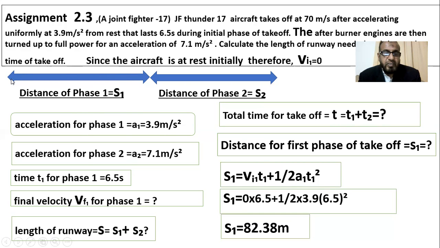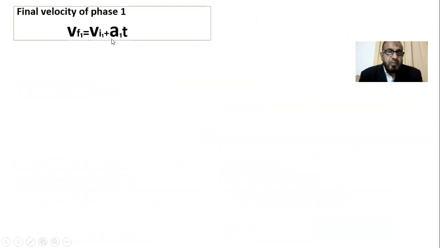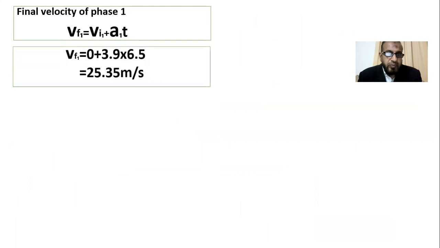For the first phase, initial velocity was 0, and for the same first phase, final velocity will be Vf1 here. We will also calculate this value, that is Vf1 = Vi1 + A1t. This is for the first phase. So put the values of these variables.